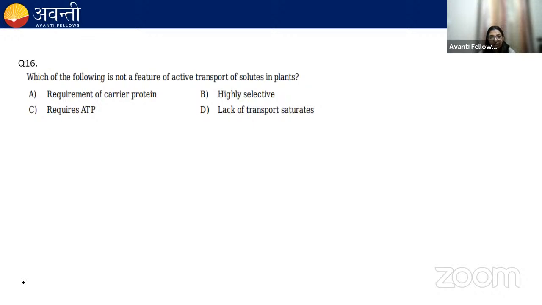Which of the following is not a feature of the active transport of solute in plants? Active transport, it requires ATP. It is highly selective.